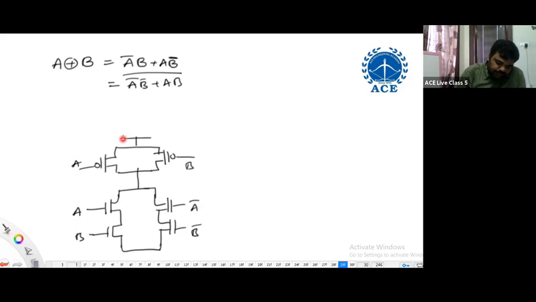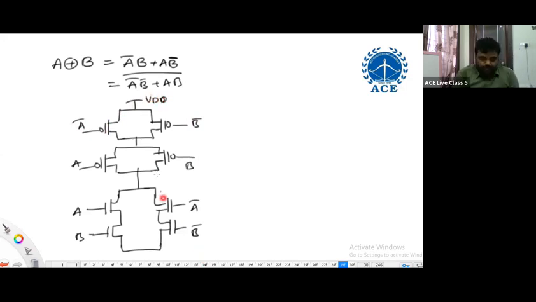A, B. Here it is A bar, B bar. It is VDD, right? Then what do we get here? AB plus A bar B bar, whole bar. Directly we are getting A XOR B. Instead of implementing A bar B plus A B bar whole bar and again taking inversion, that is not required. Directly it is implementing.